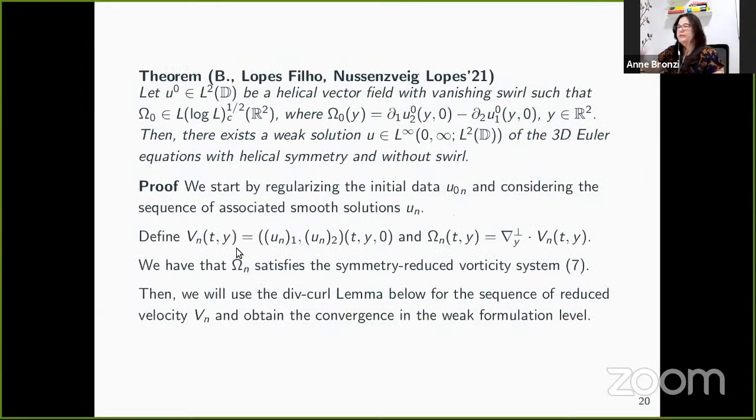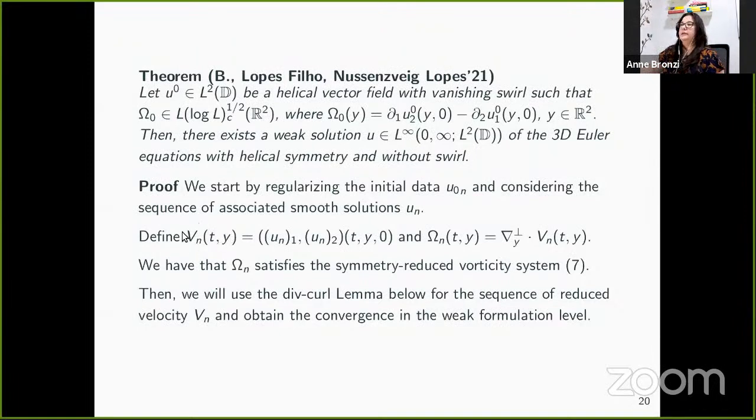So again, we are going to use very strongly the helicosymmetry. This was the problem in our first work, because on the Biot-Savart law, we didn't use the helicosymmetry. We just used that it was periodic in the third component. But now we make use of this symmetry.